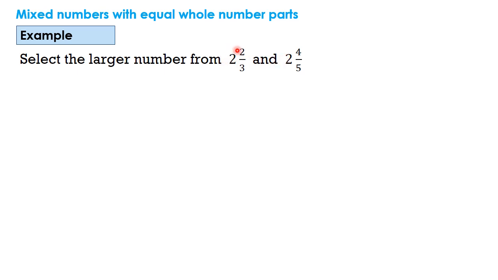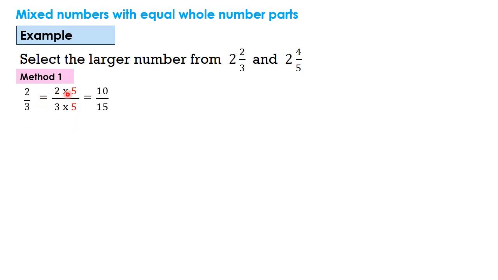So we can't take a decision by considering the whole number part. So we should compare the given two mixed numbers by comparing the fractional part. We'll see how to do this by the first method.